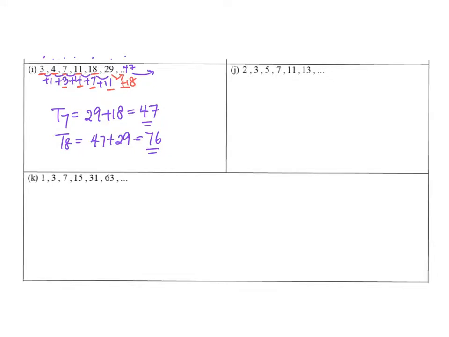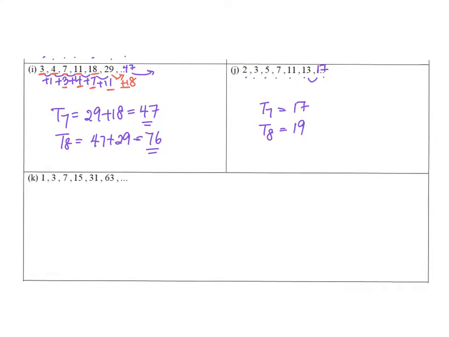So we will have 2, 3, 5, 7, 11, 13. What's the next prime number after 13? That will be 17. So 1, 2, 3, 4, 5, 6, 7. So term 7 is the prime number 17. After 17, term 8 will be the next prime number, which is 19.